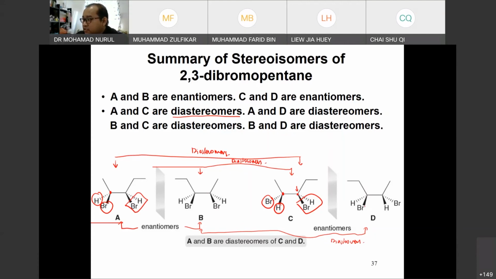Because this one is similar and this one is different. To determine between A and C, it's okay. To determine between B and C is a little bit difficult because you have to rotate the structures.